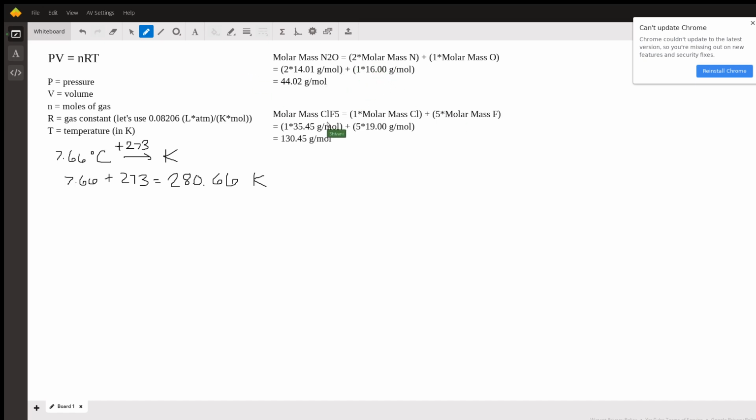All right, now that we have the molar masses, we can convert the grams of each gas into moles. We have 4.90 grams of N2O.